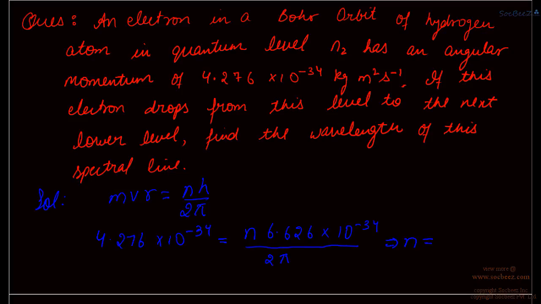So from here, the value of n comes out to be 4. This is our principal quantum number in which the electron is residing. Since it is given that it is n2, we will denote it by n2. So n2 equals 4. Now it is coming to the next lower level.